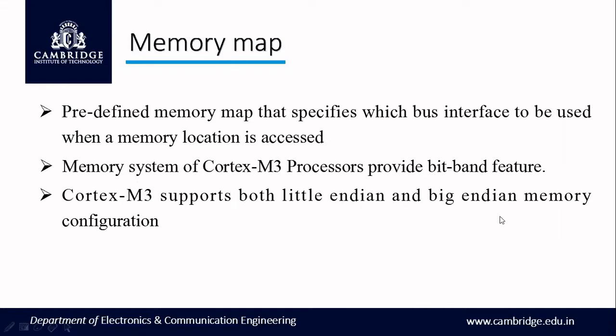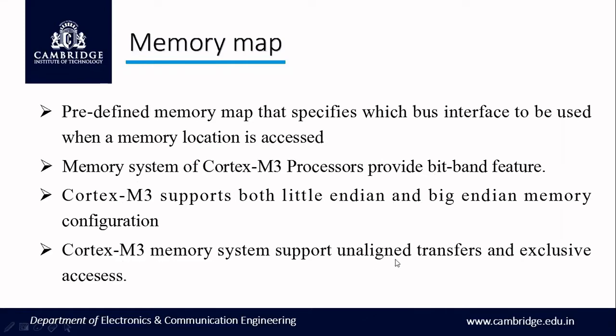It supports both the memory configurations. And next point speaks about unaligned transfers. It also supports unaligned transfers and also exclusive accesses. So these are the features of the memory system of Cortex-M3 processor. Each of these features would be dealt in detail in this module.